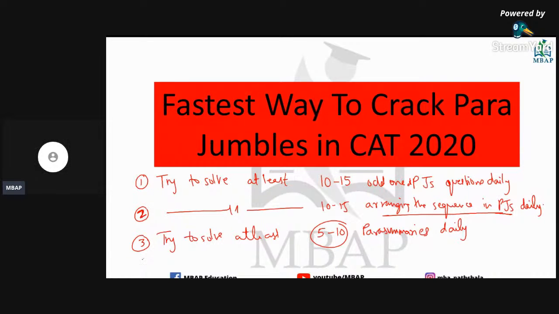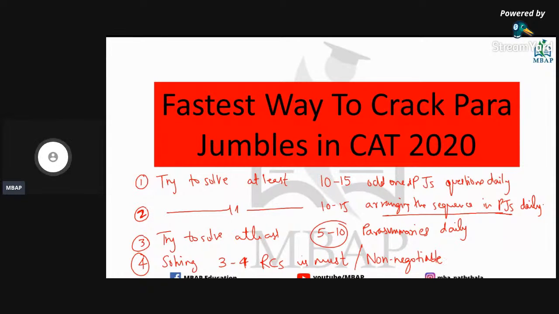Very important. And then solving 3 to 4 RCs is a must. And when I say must, it means it is non-negotiable. You cannot bargain on this. Sir, is it okay if I solve 1 RC, 2 RC?